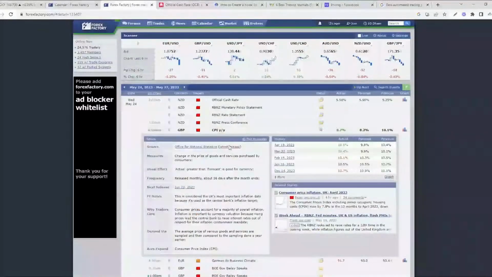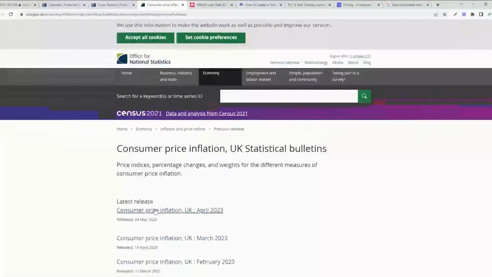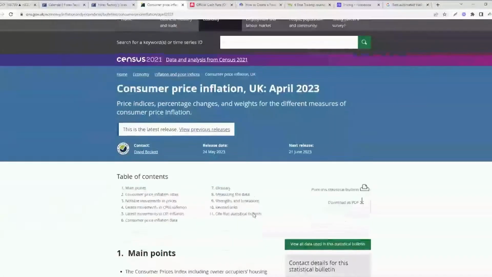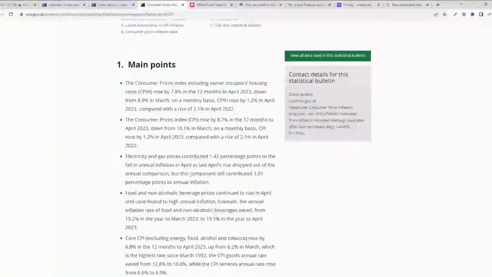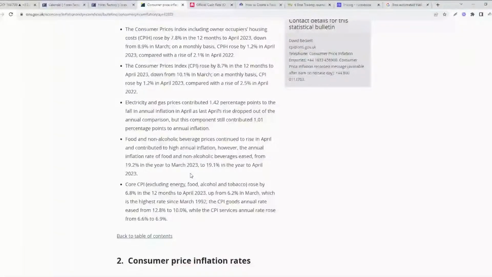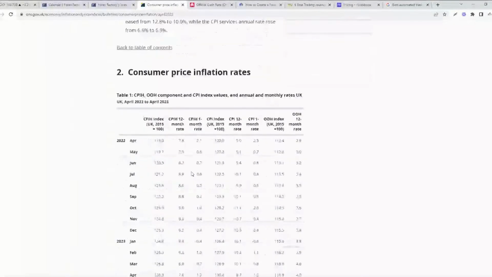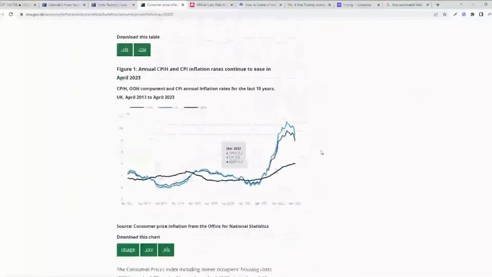So we go to latest release, and here we have it, release 24th of May. This takes you to the Office for National Statistics, the UK government agency, and here it gives you the detailed breakdown of this UK CPI data.